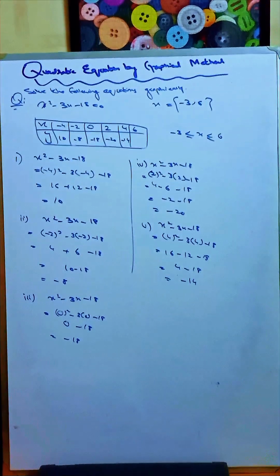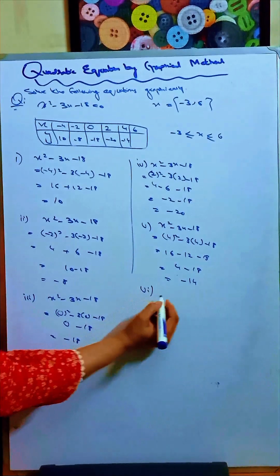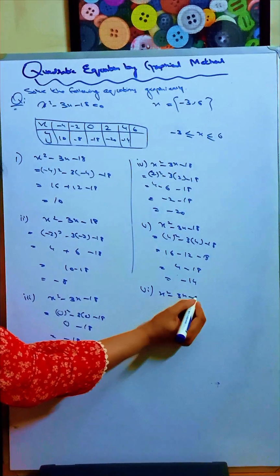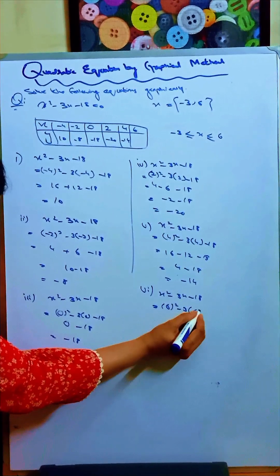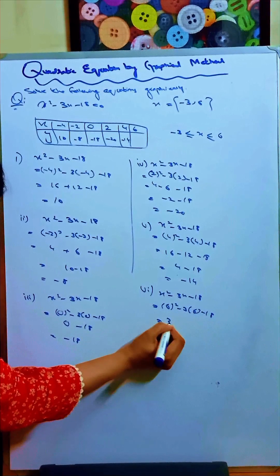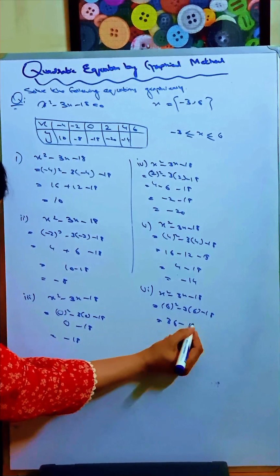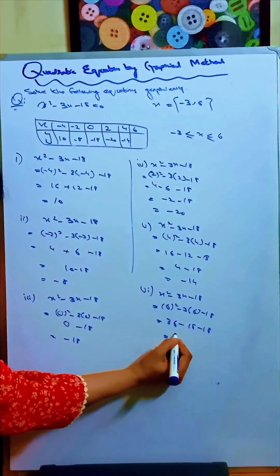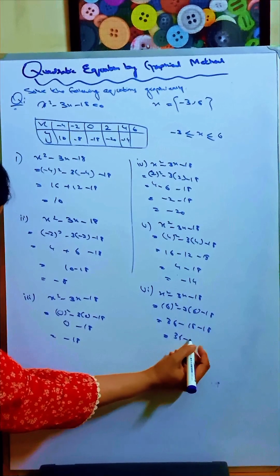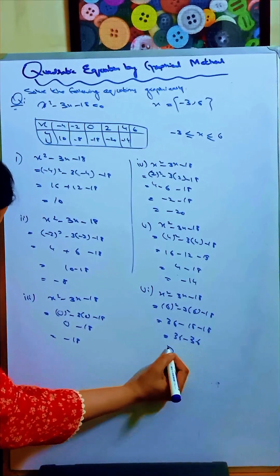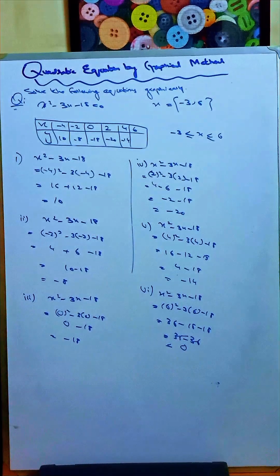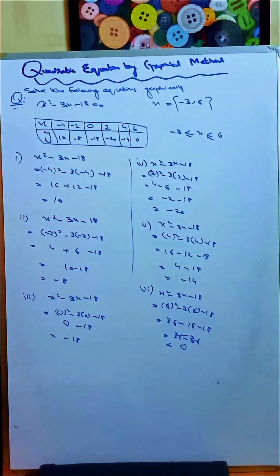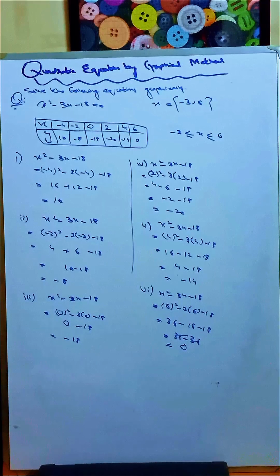The last one, 6: x squared minus 3x minus 18. x is 6: 6 squared minus 3 times 6 minus 18. 36 minus 18 is 18, minus 18 equals 0. So if x is 6, y is 0. Any problem here? I hope not.